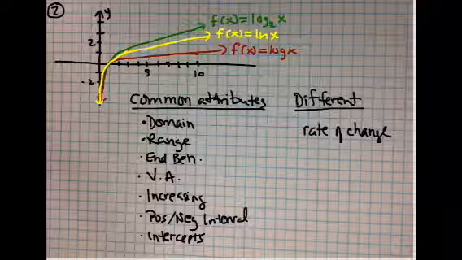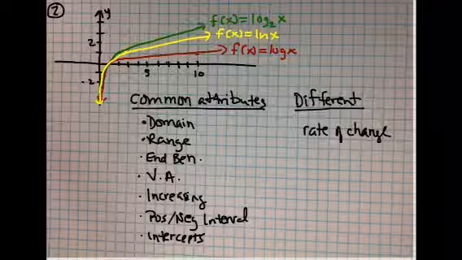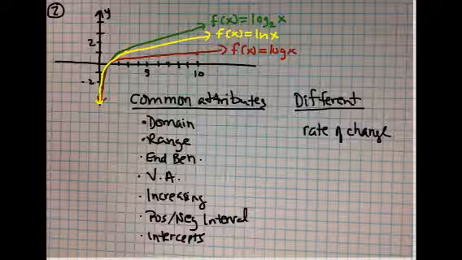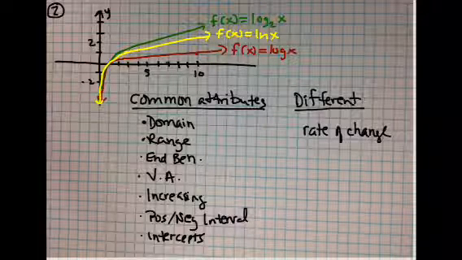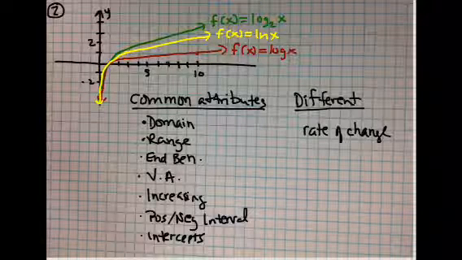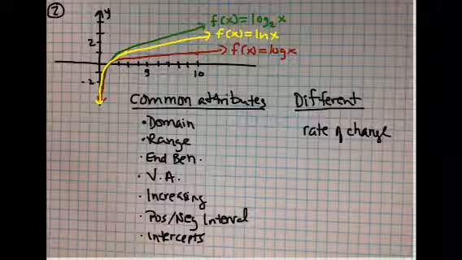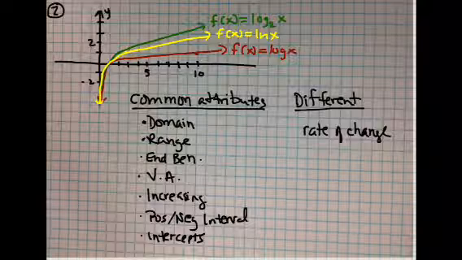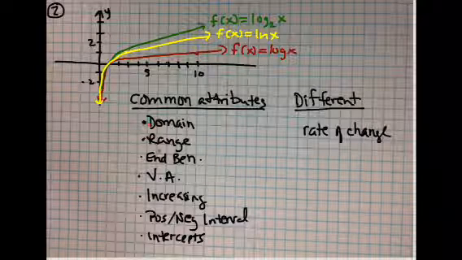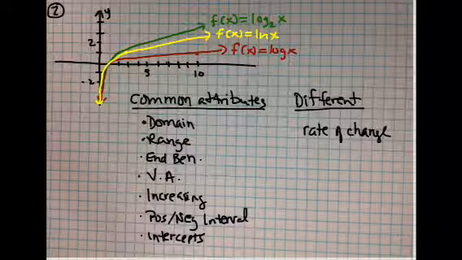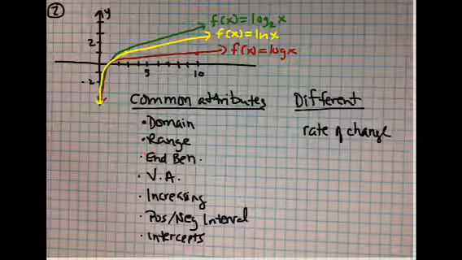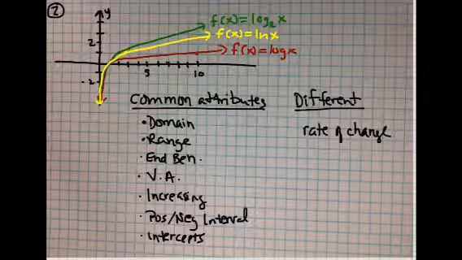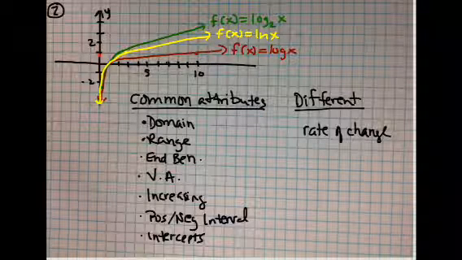Alright, so for number 2, they want you to compare the three functions, and what I did is I graphed them, as you can see, the different colors. And so when you compare all the attributes, they have the same domain, they have the same range, all three of them have the same end behavior, they have the same vertical asymptote right here on x equals 0.